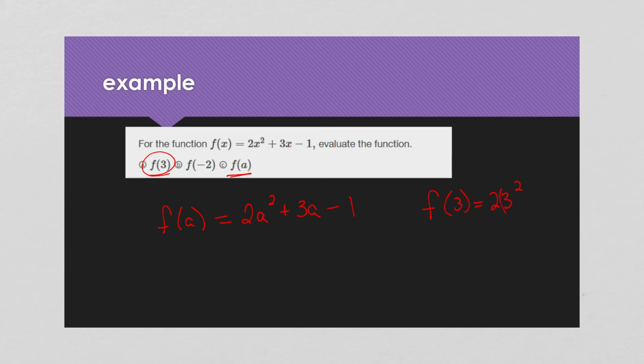So whenever you're putting in a number, you have to put the parentheses around it. But when you're putting in a variable, you don't have to. If it's a single variable, if it's a double variable, which we're not really dealing with in this class, or a sum of some variables, then you do. But for the sake of this class, we don't have to if it's a variable.